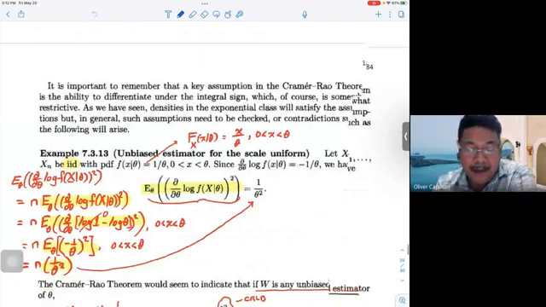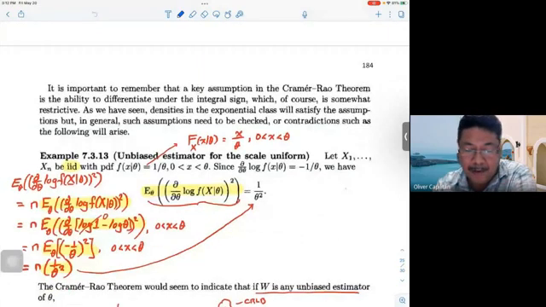We have an example here in which we have an unbiased estimator for the scale uniform.